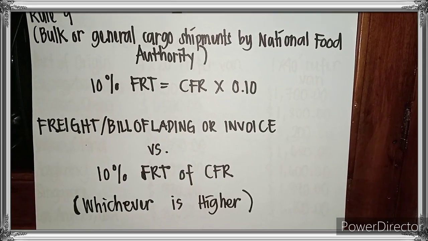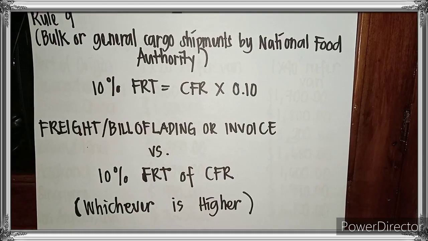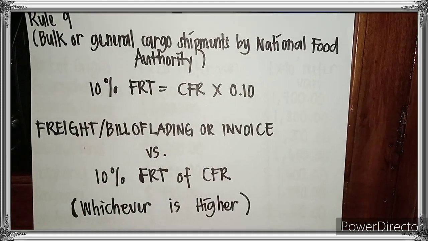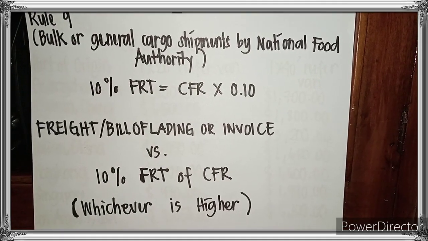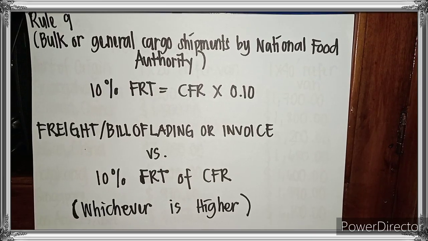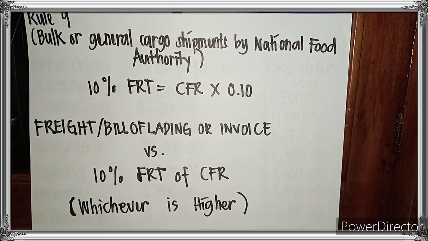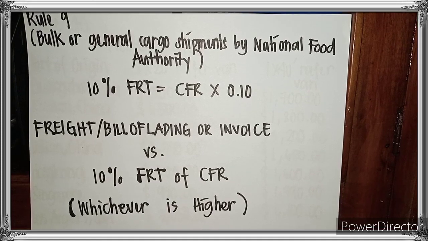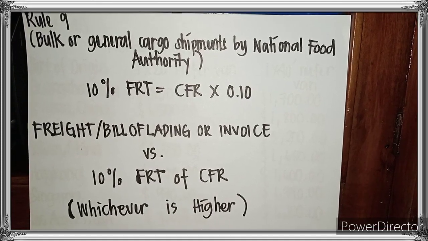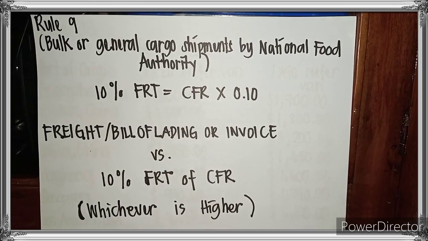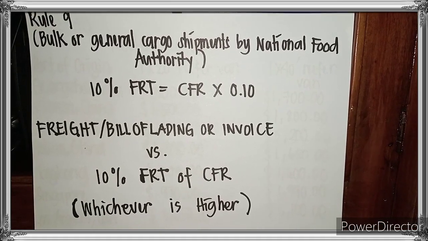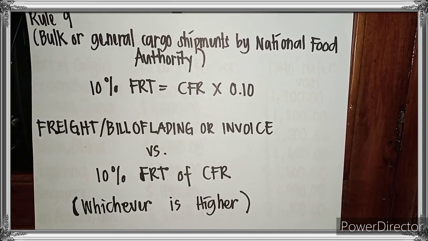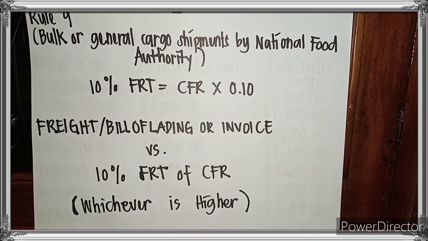The NFA is a government agency attached under the Department of Agriculture responsible for ensuring food security of the Philippines and the stability of supply and price of rice. So 10% freight is equal to CFR times 0.10.